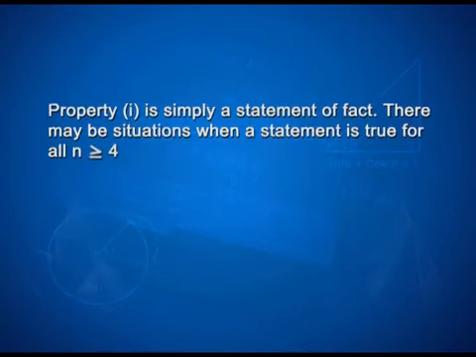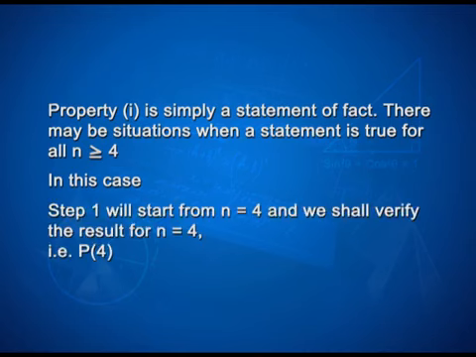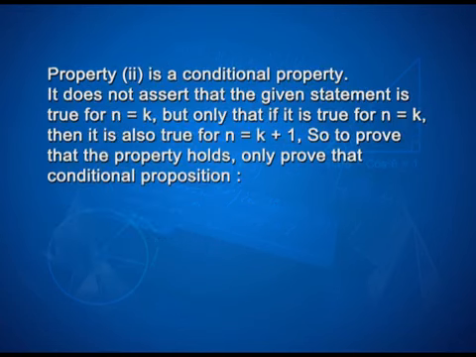Here property 1 is simply a statement of fact. There may be a situation when a statement is true for all n greater than or equal to 4. In this case, step 1 will start from n equal to 4 and we shall verify the result for n equal to 4, that is P(4), whereas property 2 is a conditional property.